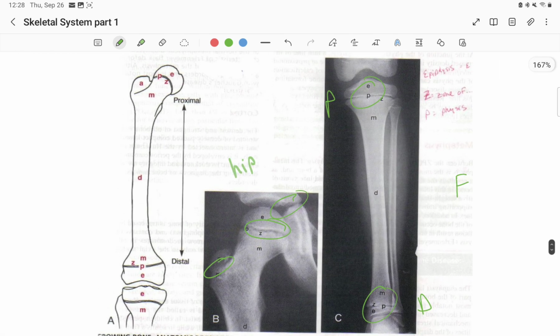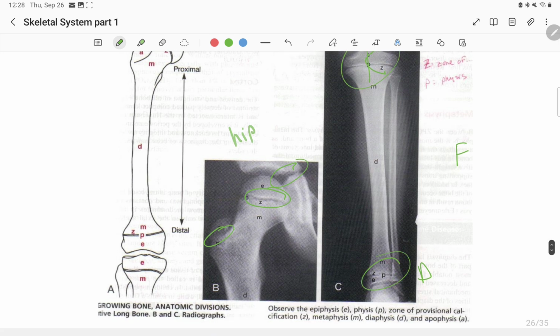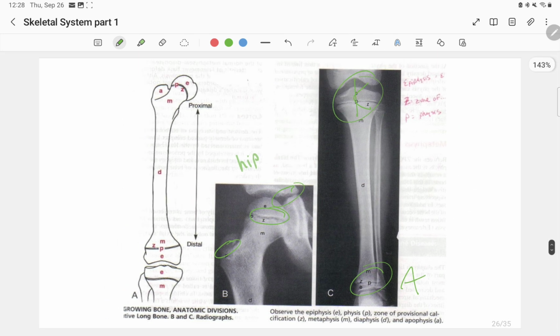In this case, this is actually the knee area, and there's your ankle area. If you simply look at someone's knee versus someone's ankle, which part is closer to the heart? Well, in this case, the answer would be up here. So that makes that the proximal end, and then it makes down here the distal end.